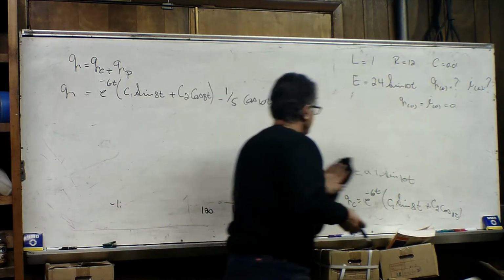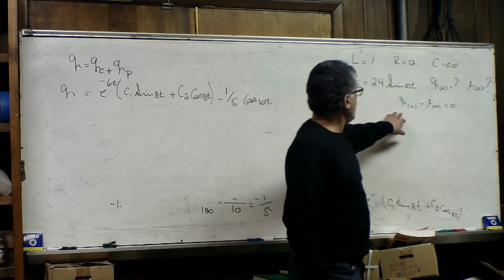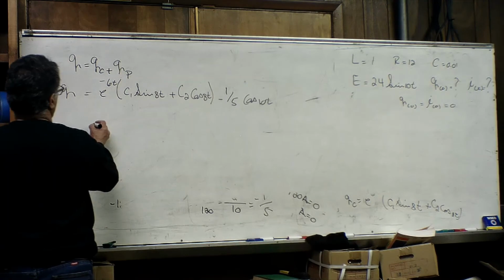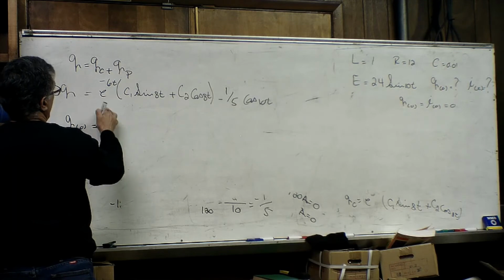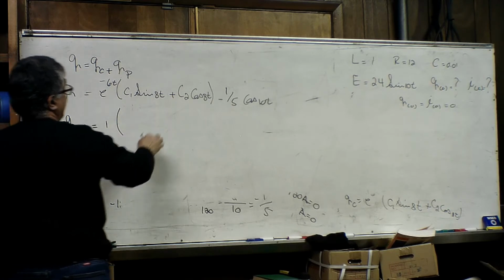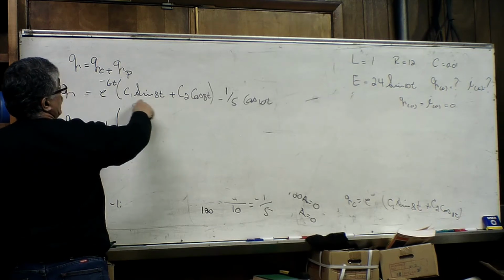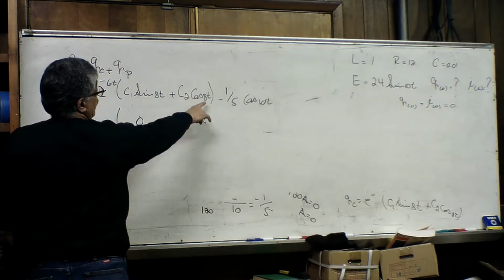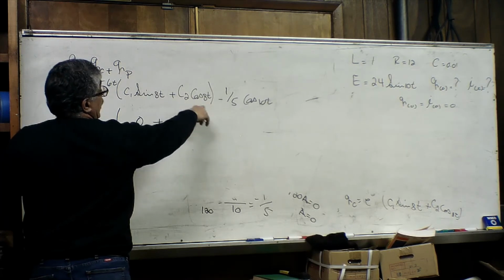Now, we have a condition that our charge when time is equal to 0 is equal to 0. So if time is equal to 0, our charge will be e to the power 0, which is 1, multiplied by sine of 0, which is 0, plus C2 times cosine of 0.